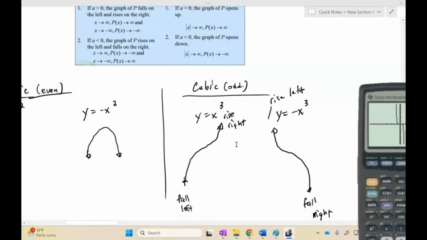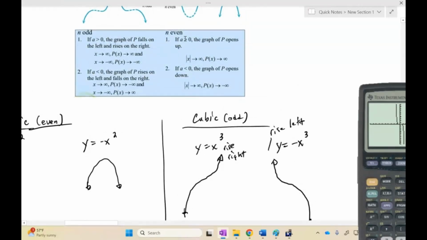But just to know that if the coefficient is positive and it's an odd power, it falls left, rises to the right. If it's an odd power and the coefficient is negative, it rises left and falls to the right.